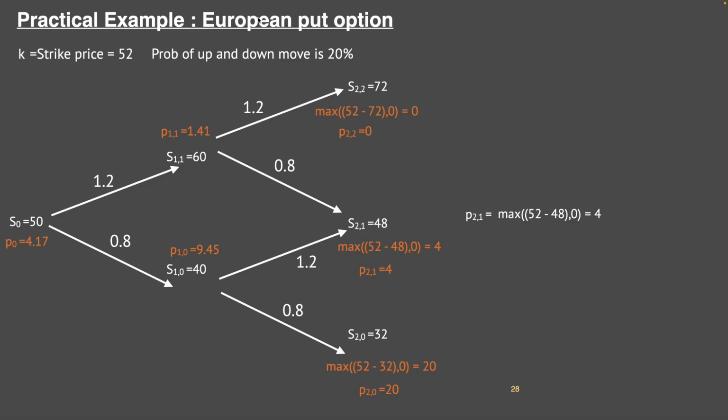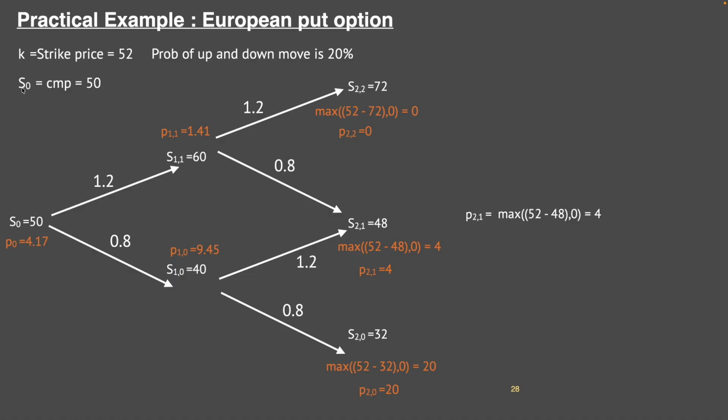So in a European put option, the person who has taken this option is expecting the underlying to come down, not go up. So that is a put option. So the probability of up and down move is 20%. See what has happened? The probability of up move will be 20% and the probability of the down move will be 20%.